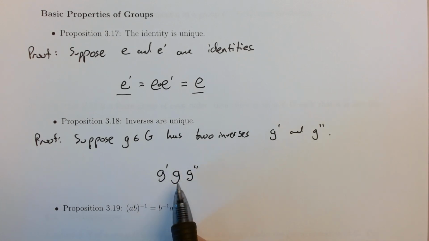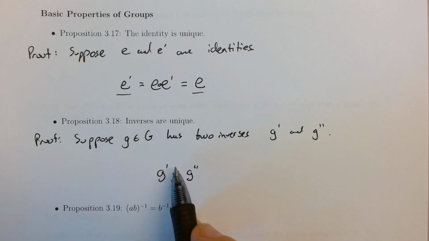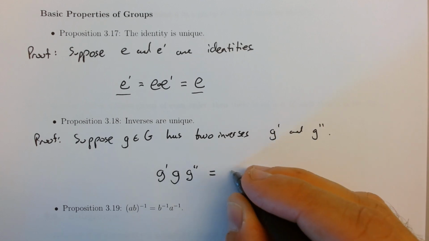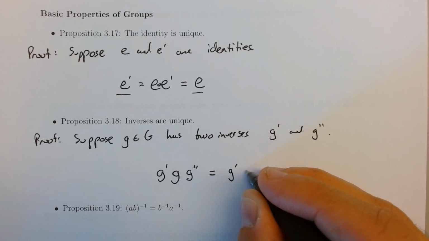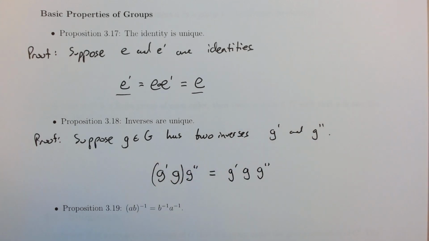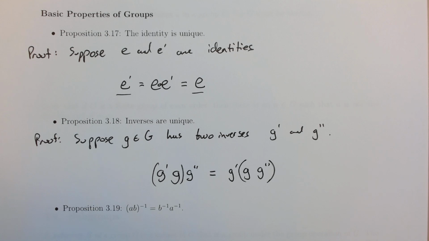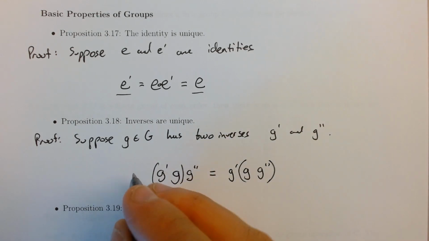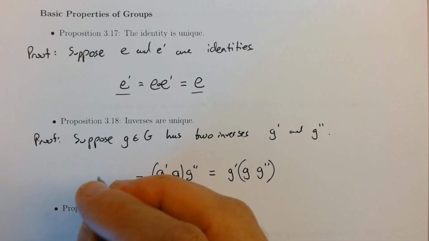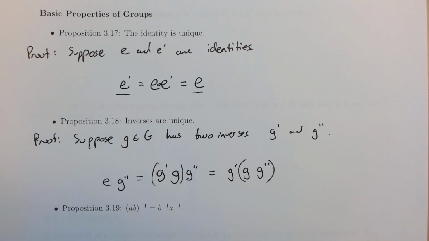Since we're in a group, it's associative. So I could evaluate these two first, or I could evaluate these two first. So let's put the associative property here. I'll put these in the same order, but here I'll do these two first, and in this one I'll put these two first. So I can evaluate this going either direction. If I evaluate this way, since it's the inverse, it's the identity times G double prime.